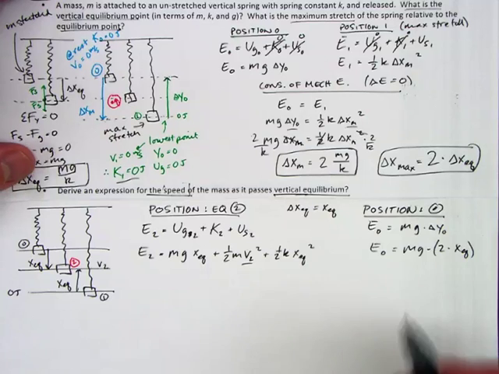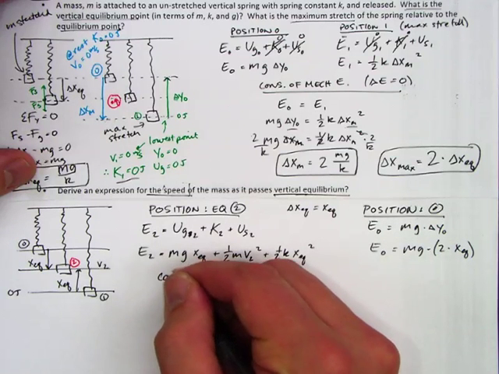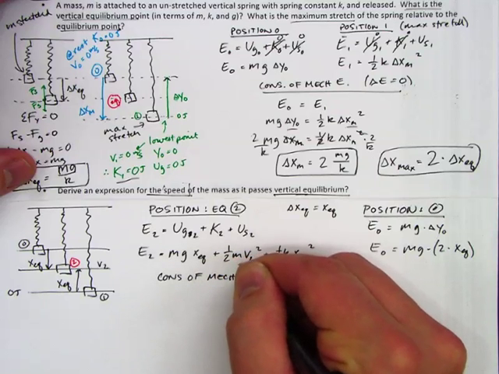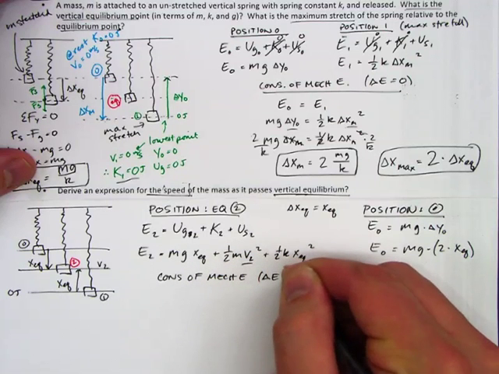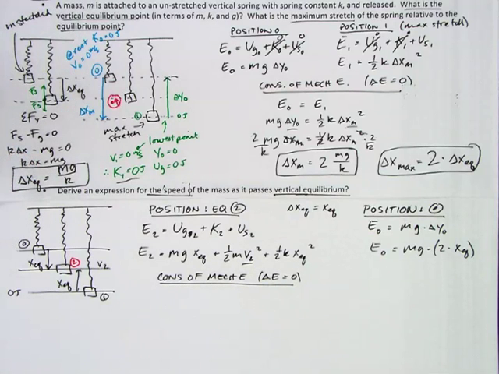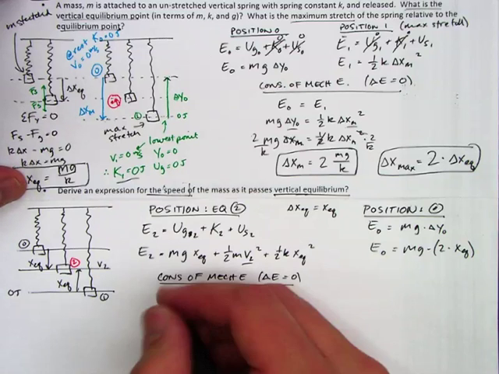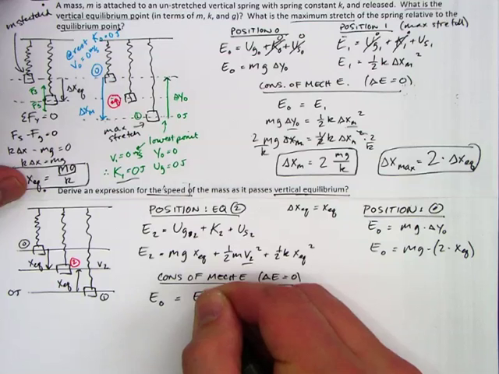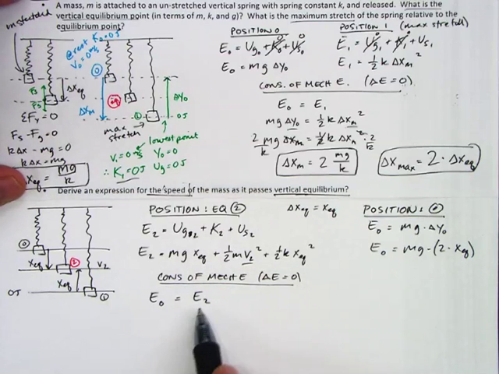And then we know that because of conservation of mechanical energy, delta E from any two positions has to be 0. No other non-conservative forces are doing work on the system, therefore the system's mechanical energy will remain constant. So this tells me that the initial energy has to equal the energy at position 2, total mechanical energy that is.